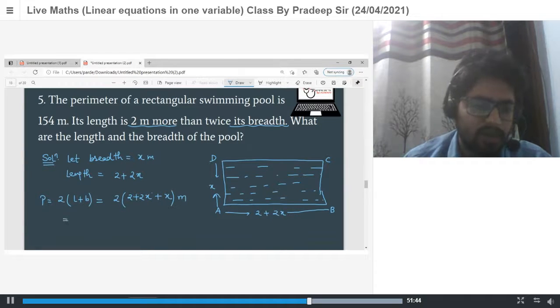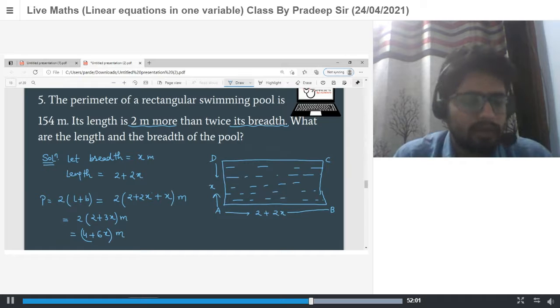This is equal to 2 into (2 plus 3x), which is equal to 4 plus 6x meter. This is your perimeter.